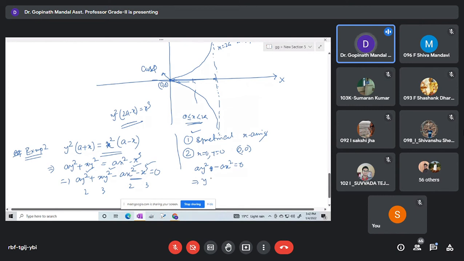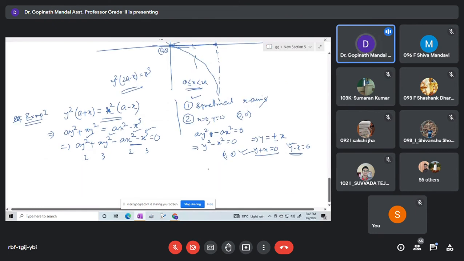So this will be y square minus x square equal to 0. That means y equal to plus or minus x. So y plus x equal to 0 and y minus x equal to 0. Then there are two tangents at the point 0, 0. That means 0, 0 is a node.